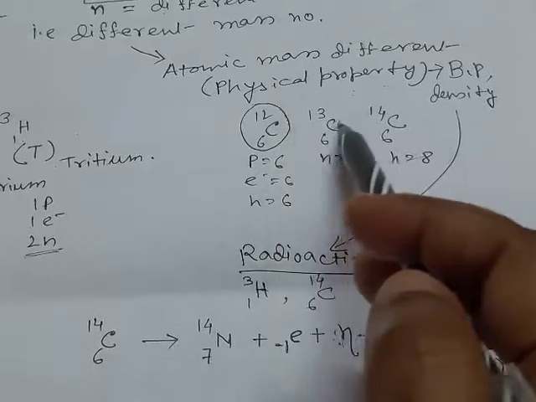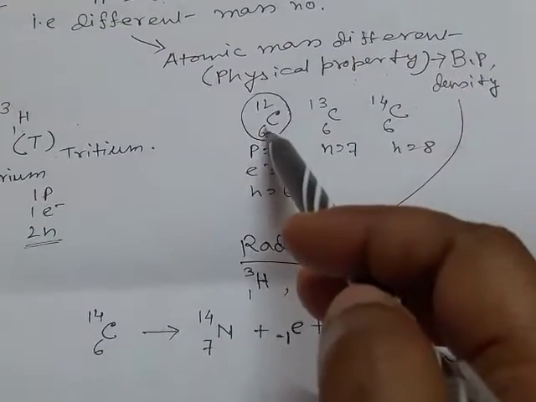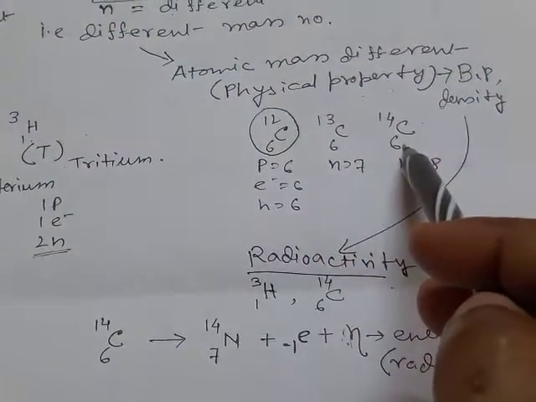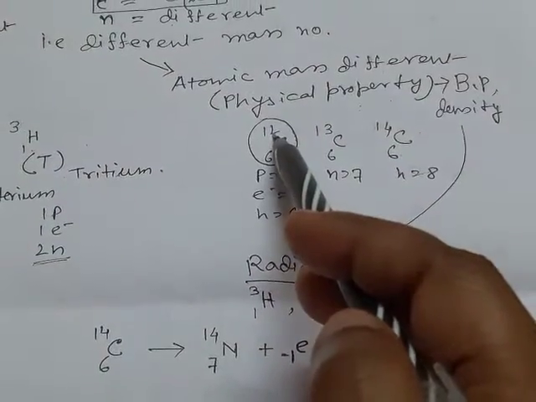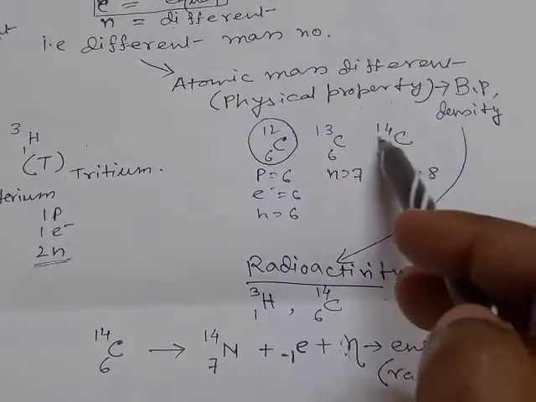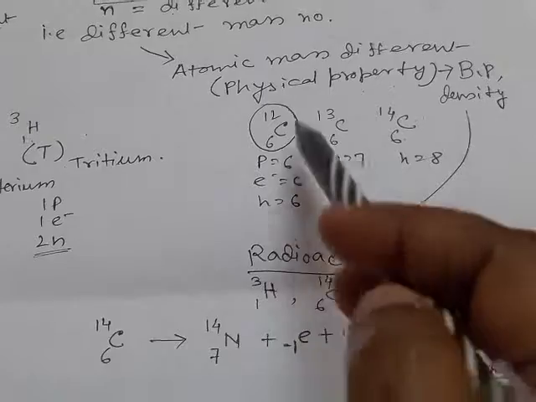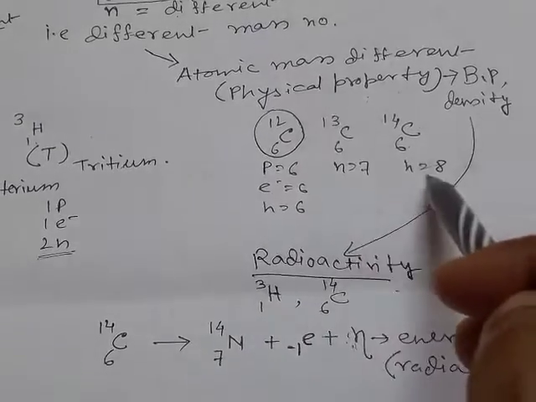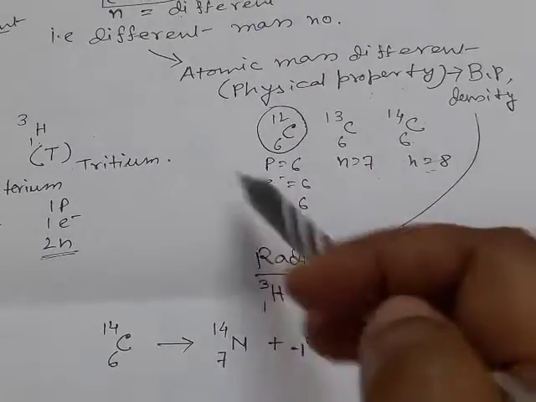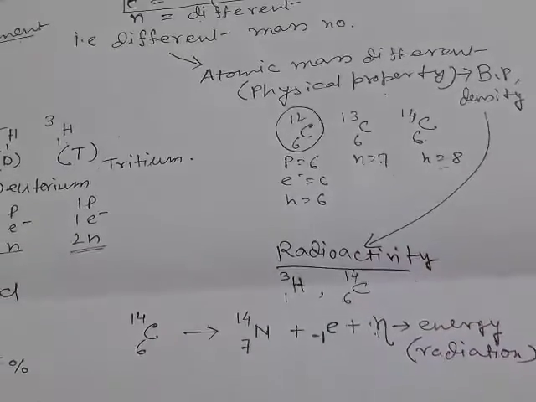Now carbon has 3 isotopes. For all of them the atomic number is 6, the mass number is 12 for one, 13 for another and 14 for another. So here the difference is in their neutron number, whereas proton and electron number remain the same.